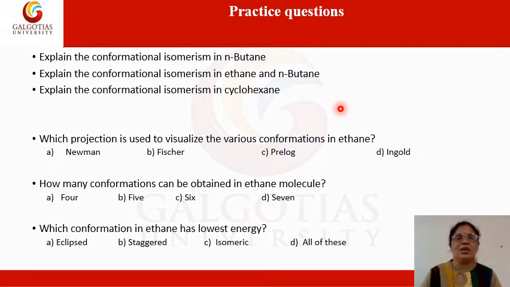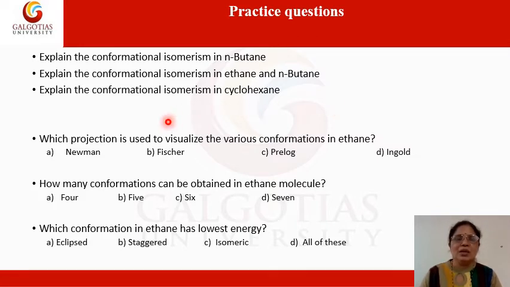Similarly, the most important question which can be asked is on conformational isomerism in cyclohexane, where we can explain all the 4 possible forms of cyclohexane. The main 2 forms are the chair form and the boat form, and the other 2 forms are the half chair form and the twisted boat form. Out of that, the chair form is the most stable, then the twisted boat form, then the boat form, and finally the half chair form.